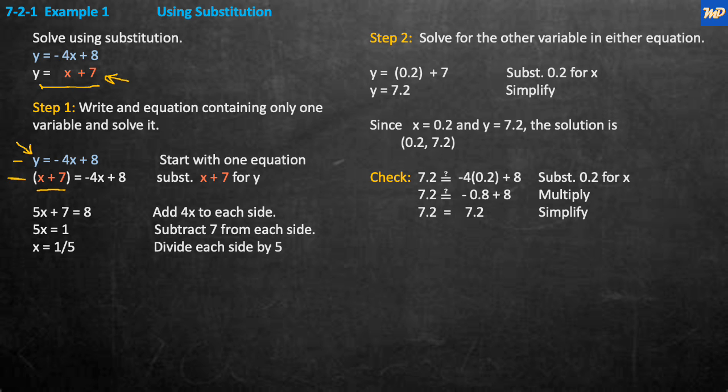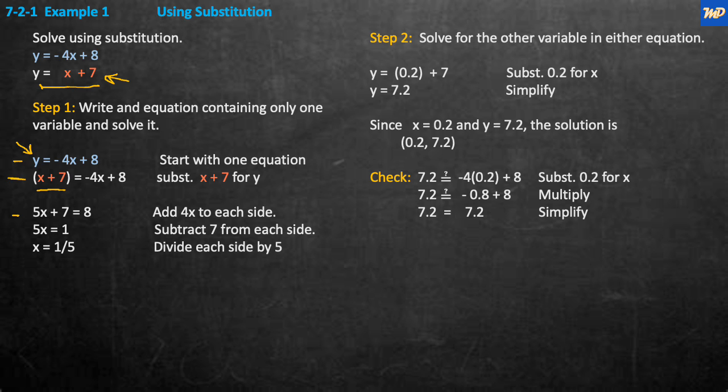When we do that, the parentheses will disappear, and we're going to subtract 7 from both sides, and we're going to add 4x to both sides. We'll end up with 5x. When the minus 4x gets moved to the left-hand side, it's a positive 4x. Plus 1x is 5x. And the 7 is subtracted from both sides, so 8 minus 7 is 1. Here's the equation.